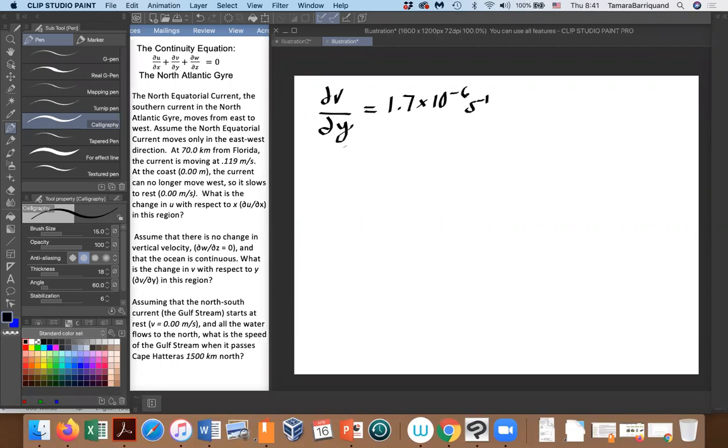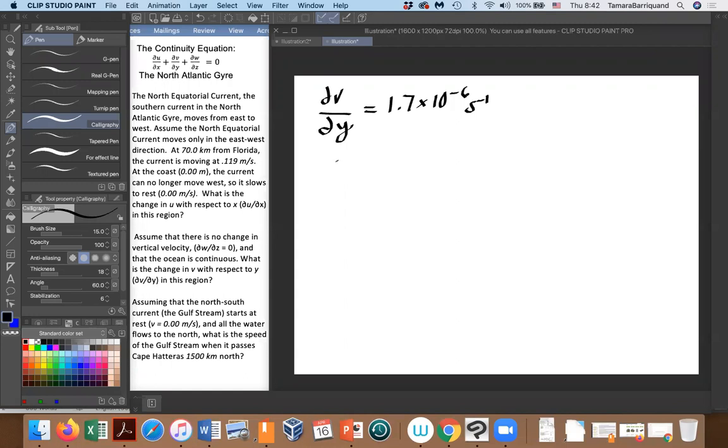And what I want to figure out is what happens to v when it has moved a certain y. So I have dv dy, and what I want to know is what is v in terms of y. The first step is separation of variables. So I am going to take this dy and put it on the other side of the equation, or you can think of it as multiplying both sides of the equation by dy.